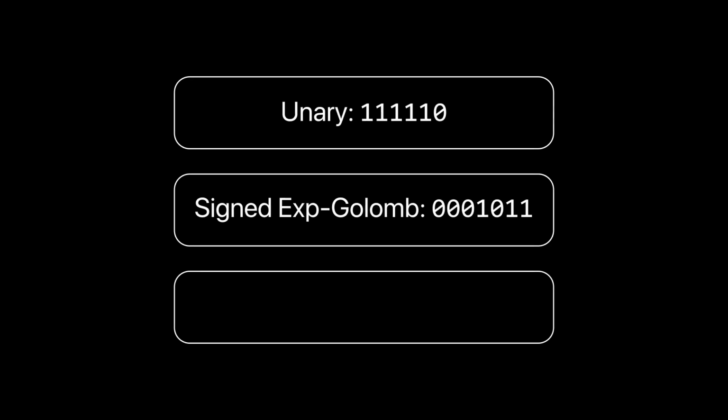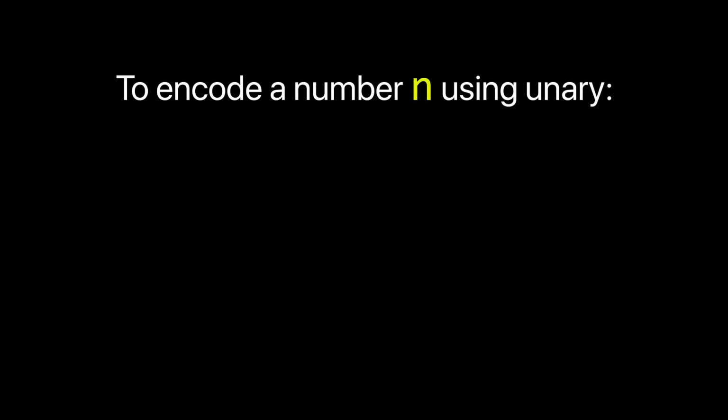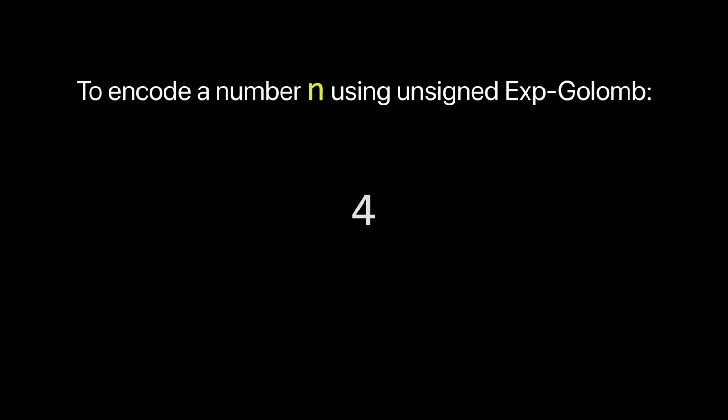Finally, 3 other encoding methods are commonly used: Unary, signed exponential golomb, and unsigned exponential golomb. To encode a number n using Unary, write n ones and add a 0. To encode a number n using unsigned exponential golomb, first, add 1 to n. Then, convert the result to binary.